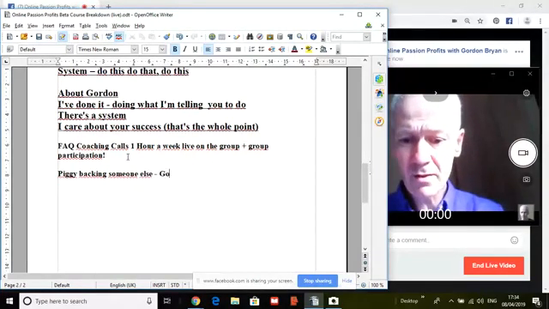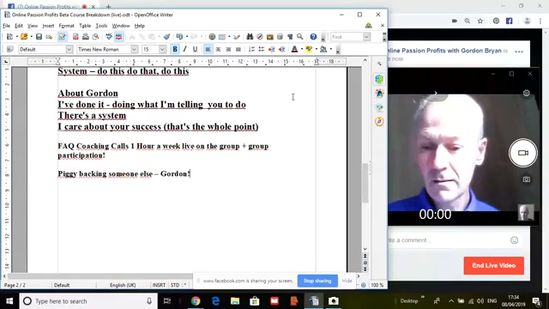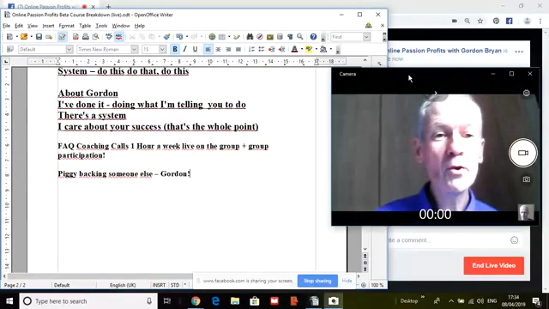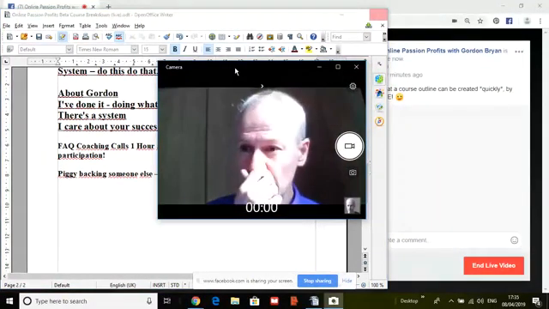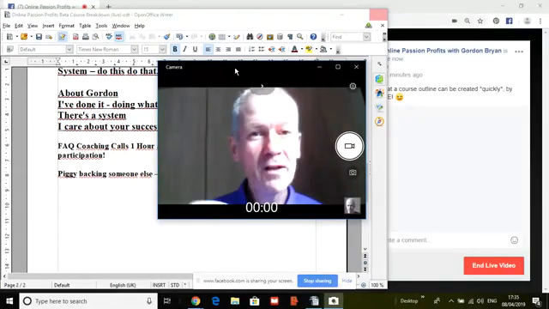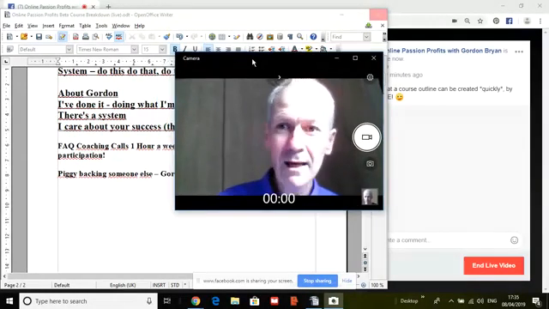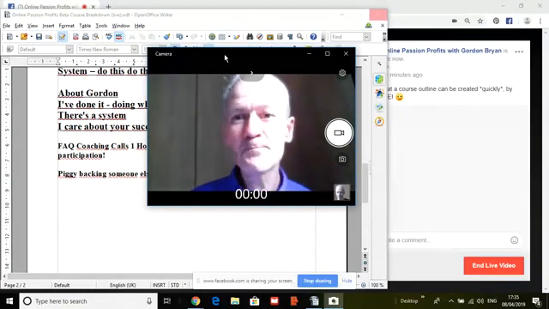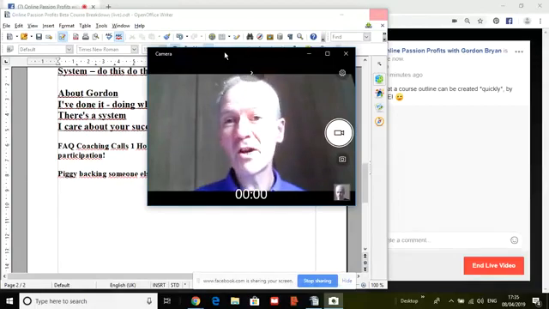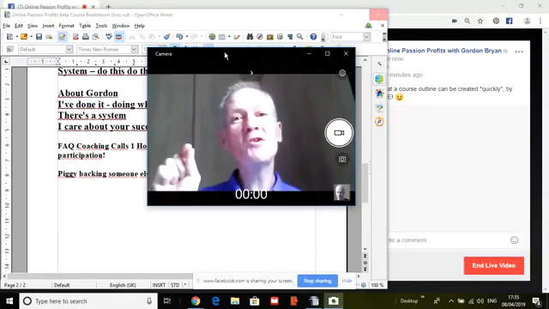Piggybacking someone else, which is a way that if you're not sure, even if you take the training and you're still a bit scared about doing it yourself, despite the interaction with me, then what you can do is piggyback someone else who's already done it. It doesn't have to be me, by the way, but I'm going to go over in the training how you can piggyback me doing it, but still tying in your passion.